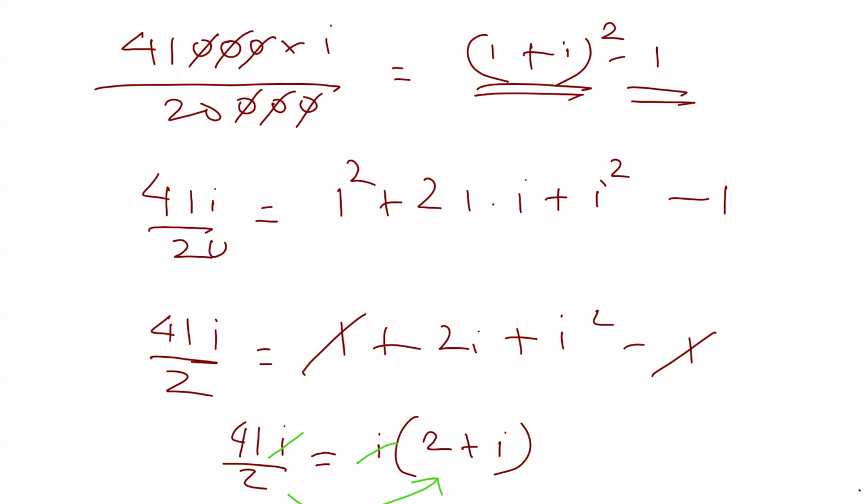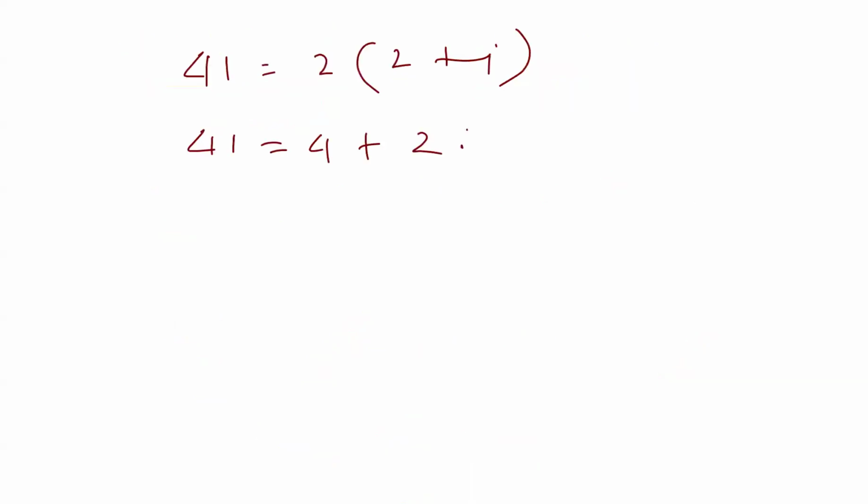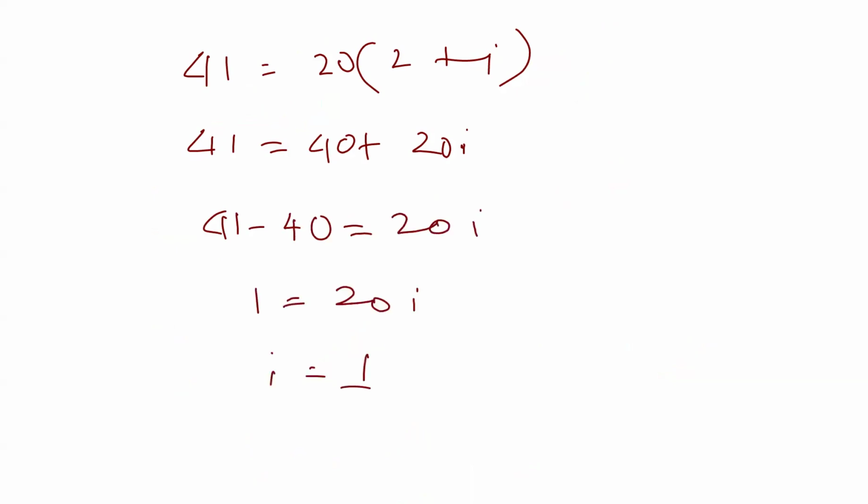Okay, so this is 41 upon 20. So cross multiplication will be 20 over here. So 40 plus 20i. So 41 minus 40 is equal to 20i. 1 is equal to 20i. i is equal to 1 upon 20.